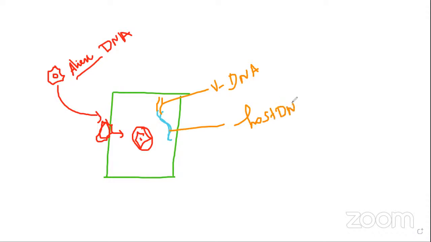After the incorporation of the viral DNA with the host DNA, all the cell activity is controlled by viral DNA only. As a result, the mRNA, tRNA and RNA all synthesize protein molecules, the viral DNA proteins. That protein is called an antigen.